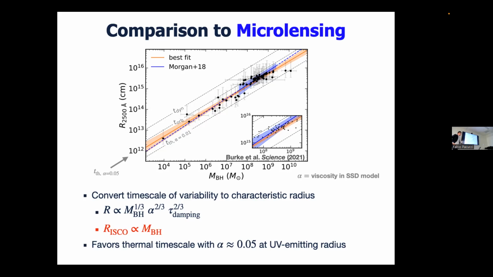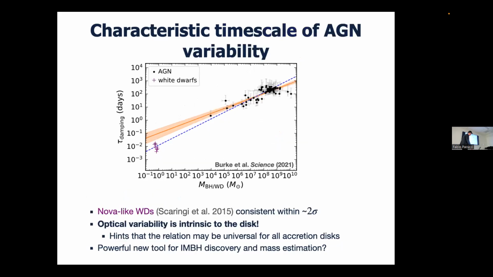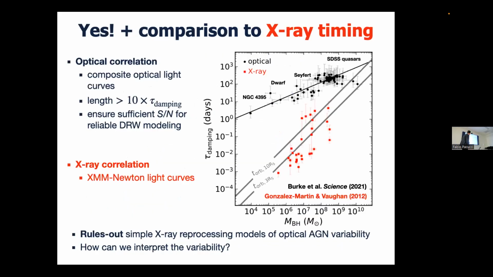But if you're assuming prograde, it's only going to go one way when you go to retrograde, and that's going to shift that T orb. It's certainly possible that things like the black hole spin could contribute to the scatter in both of these relations. Okay, let's talk after.